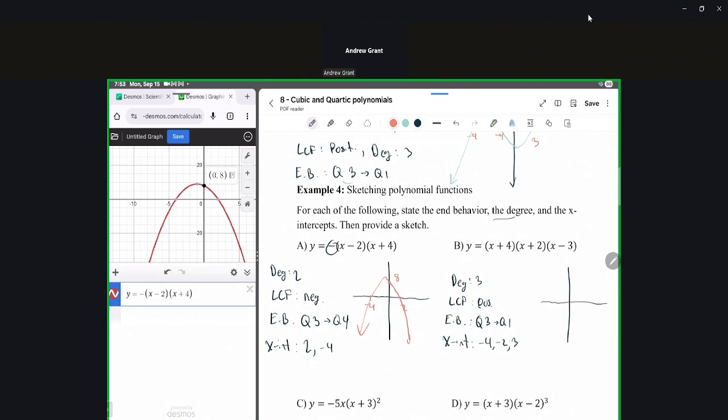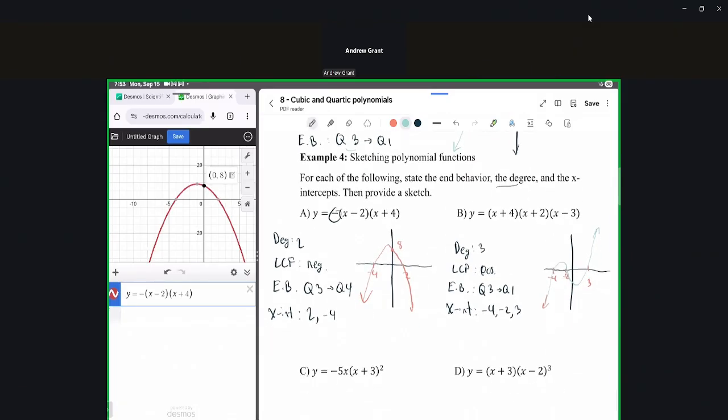And so when we go ahead and sketch these in, there's negative 4, there's negative 2, and there's 3. We start down here, end up here. And so our graph will look something like this. Because it has to pass through at those x-intercepts, it can't pass through anywhere else, or else we would see it.